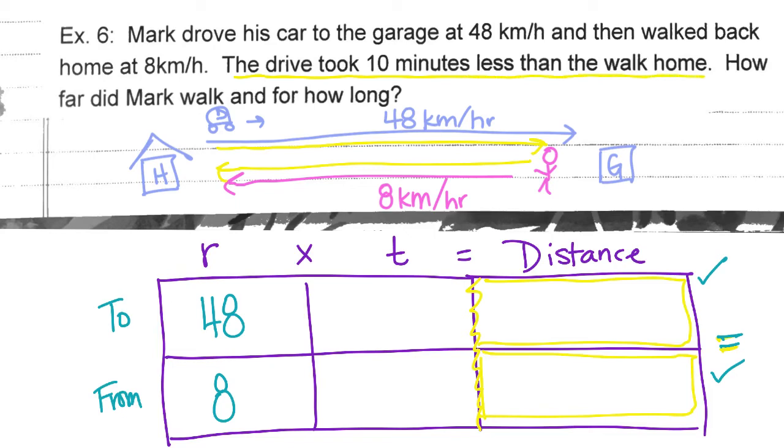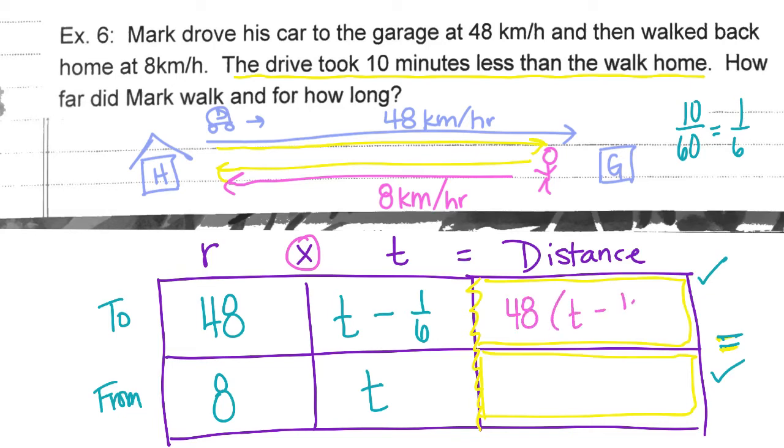So if I call my walk home t, I need to call my ride there 10 minutes less. But remember, we just talked about how 10 minutes in 1 hour is equal to 1/6. So I'm not going to call that t minus 10. I'm going to call that t minus 1/6. So when I multiply these, I get 48 times t minus 1/6. And when I multiply straight across here, I get 8t.